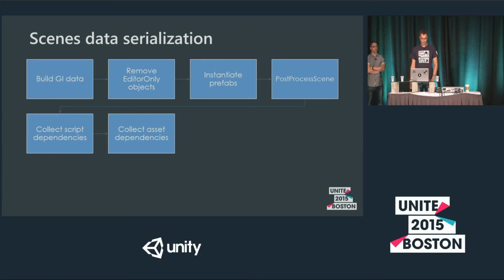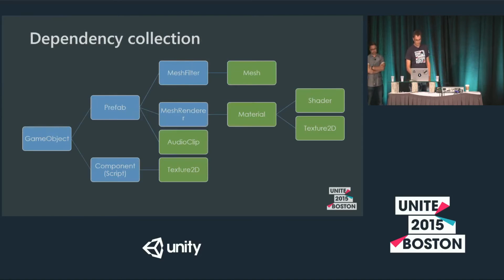After that, we collect dependencies. A scene has script dependencies and asset dependencies. Information about user scripts could be used later for code stripping. And what are the asset dependencies?